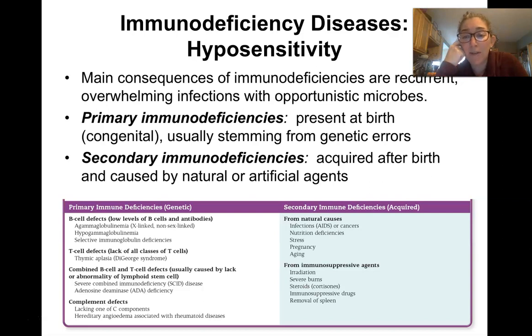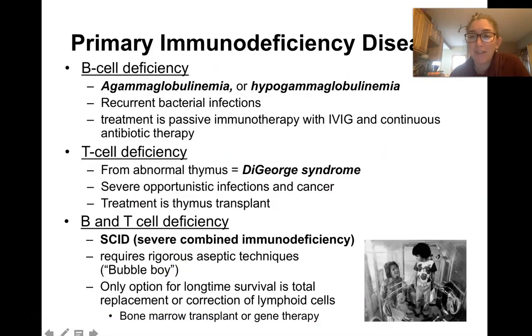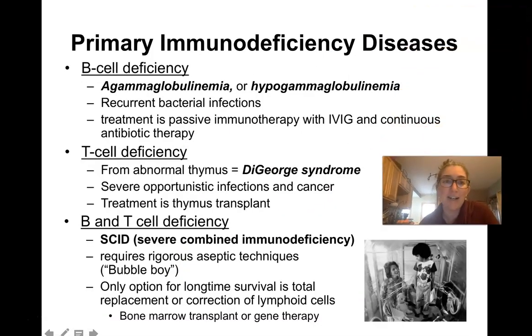So primary immunodeficiencies, well, we'll talk about them. Okay, so primary immunodeficiencies. The three that we're going to talk about are having a B cell deficiency, having a T cell deficiency, or having a total B and T cell deficiency. So B cell deficiency, remember B cells are important for making antibodies or immunoglobulins.